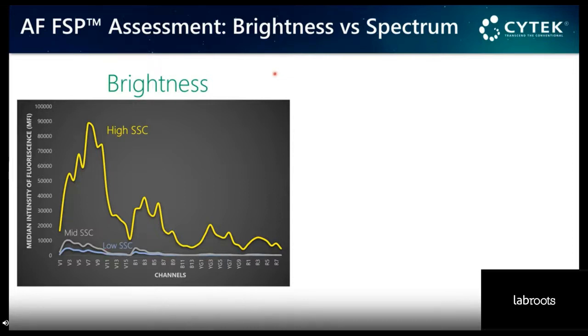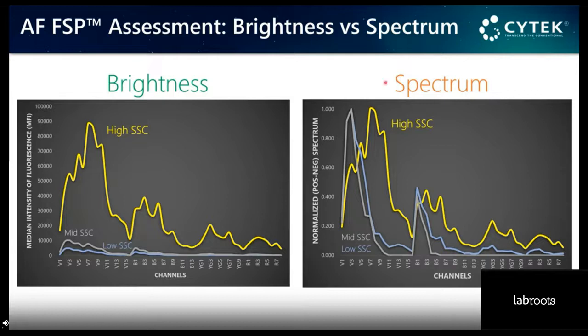We can also compare the spectrum, the full profile. In order to do that, you want to normalize, having the same scale for all these signatures from 0 to 1 in this case, where 1 for each dataset will represent the peak of emission. Violet 3, as we see here, for the mid and low, and a completely different peak for the high scatter around violet 7, as we were seeing here as well.